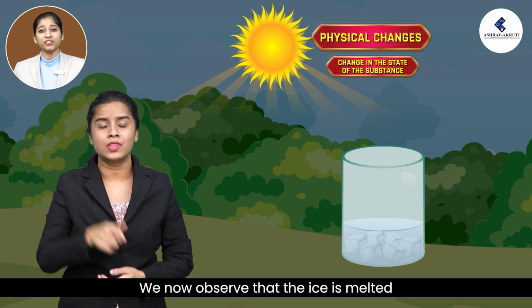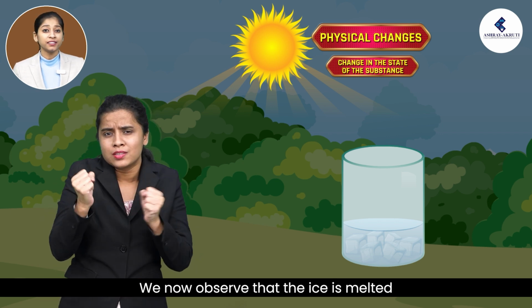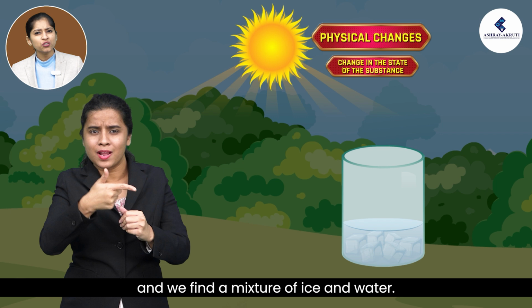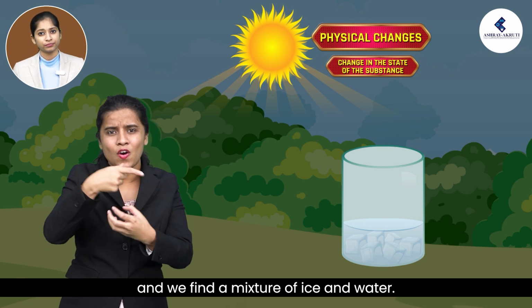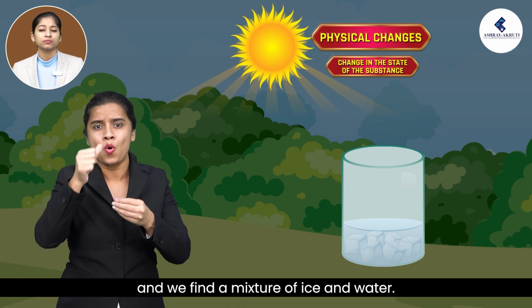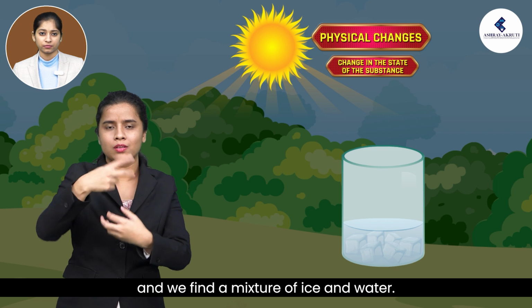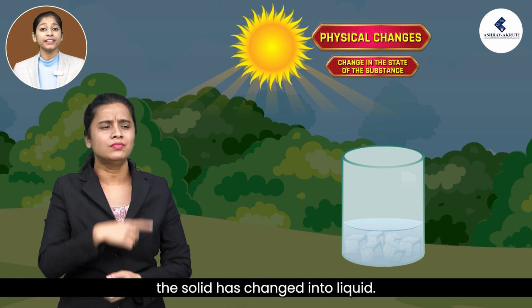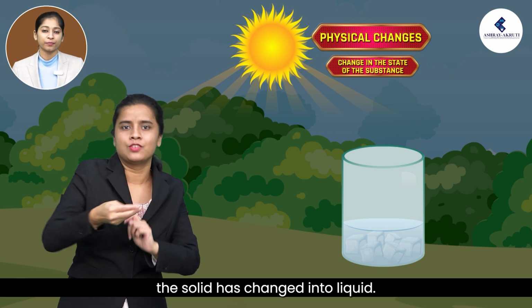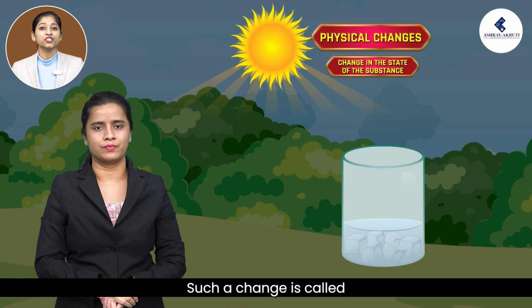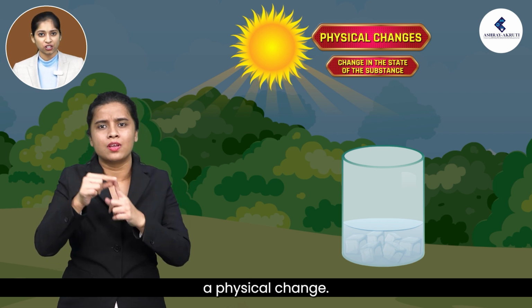We now observe that the ice is melted and we find a mixture of ice and water. Here the solid has changed into liquid. Such a change is called a physical change.